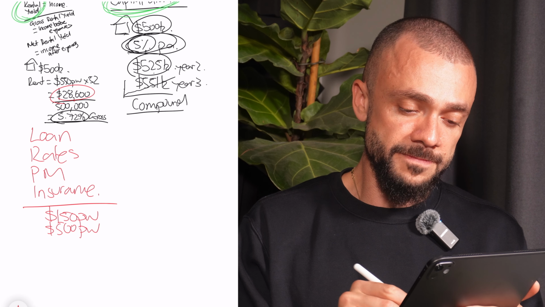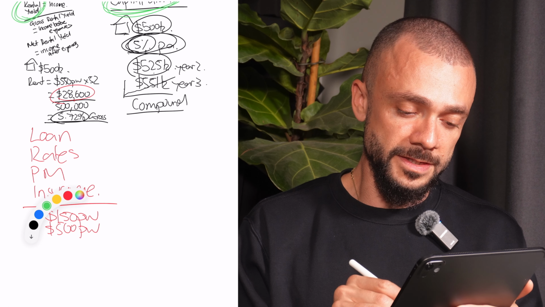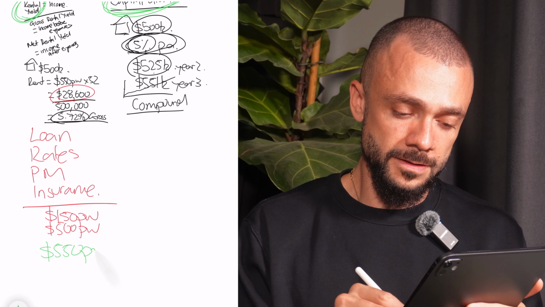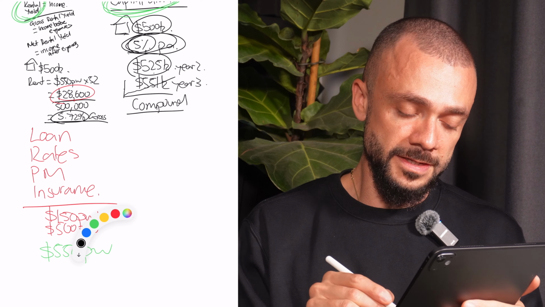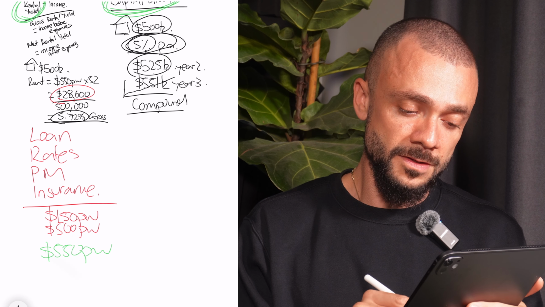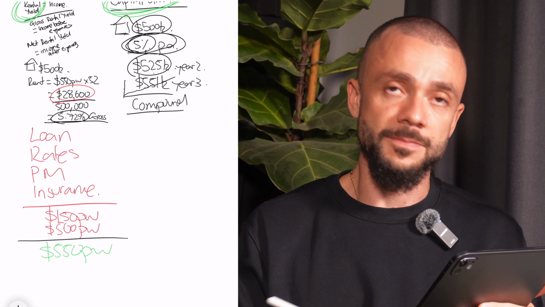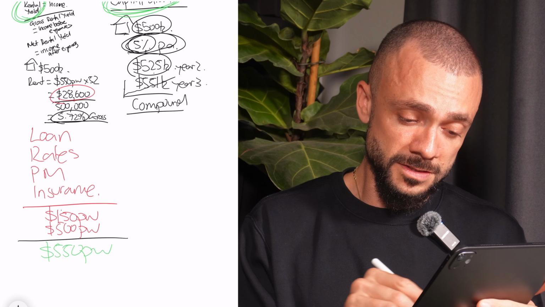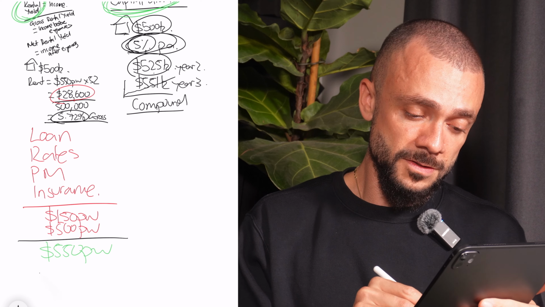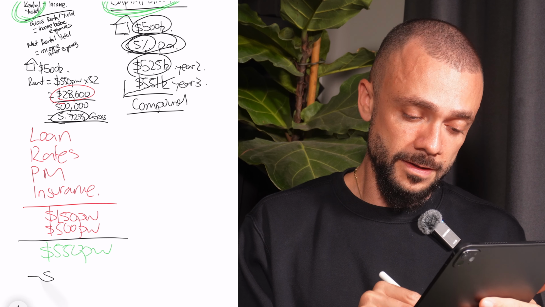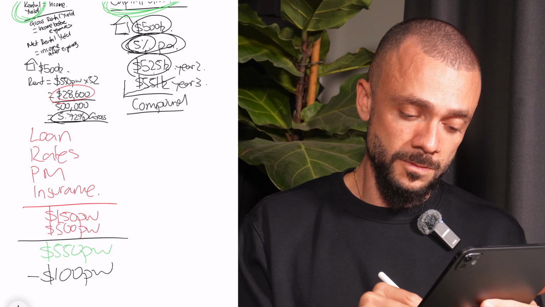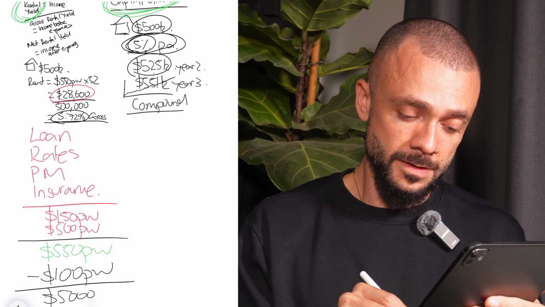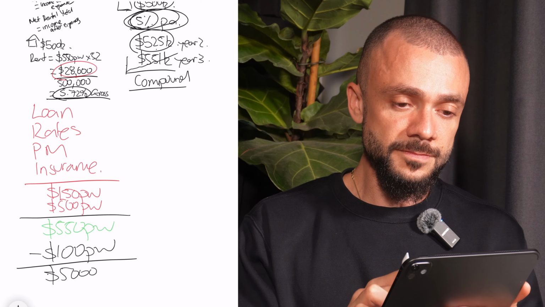So you can see already that your rental income is $550 per week, right? Now, with your rental income being $550 per week, as you can see the maths here, you're already out of pocket, right? So you've got $650 a week here costs, $550 income, so you're out of pocket $100 per week, which over the course of the year is probably close to about $5 grand a year out of pocket.